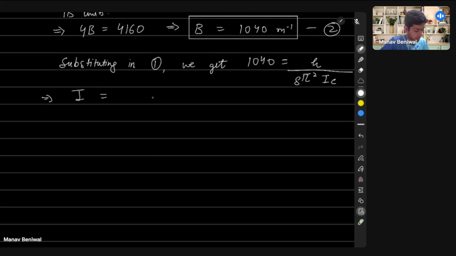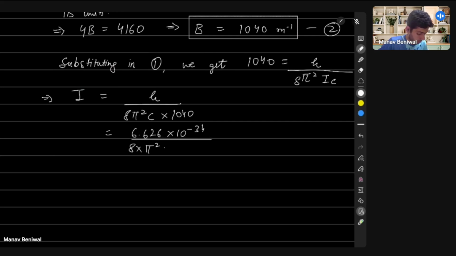This implies I is h over 8 pi squared times c into 1040. So let's plug in all the values. This is 6.626 into 10 to the minus 34, this is pi squared, this is 3 into 10 to the 8, and this is 1040.